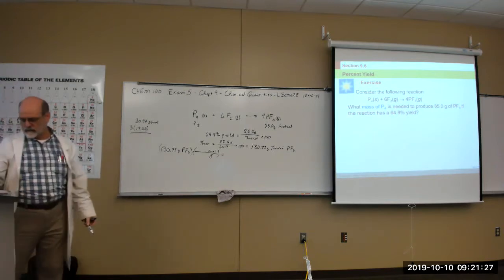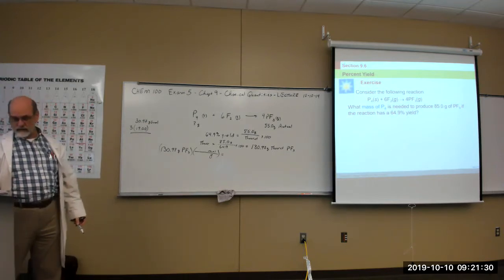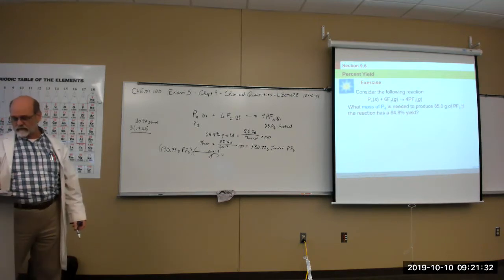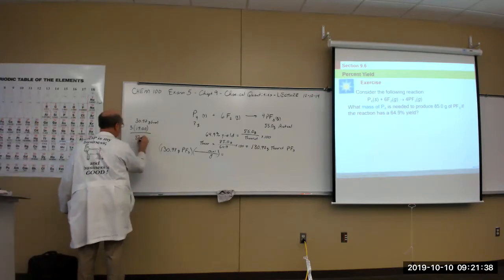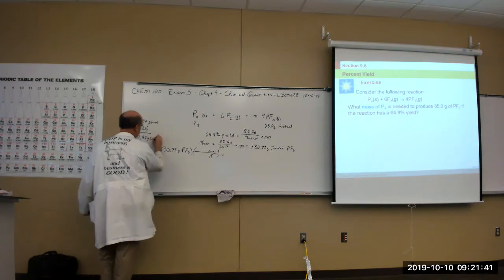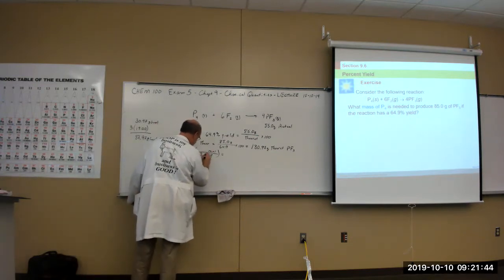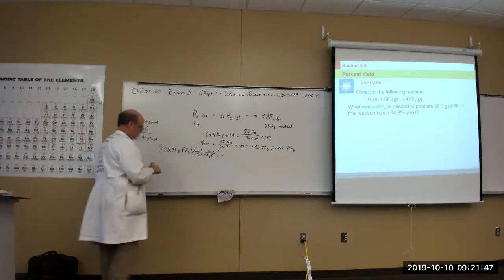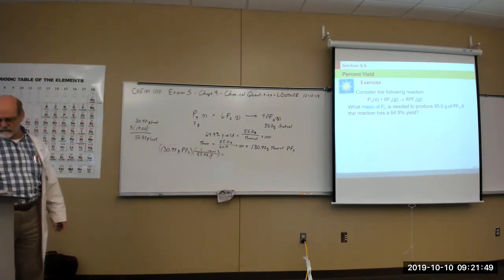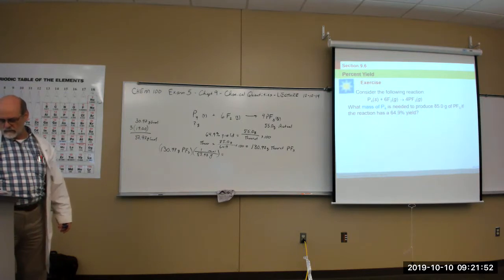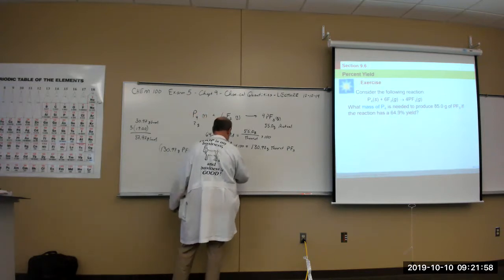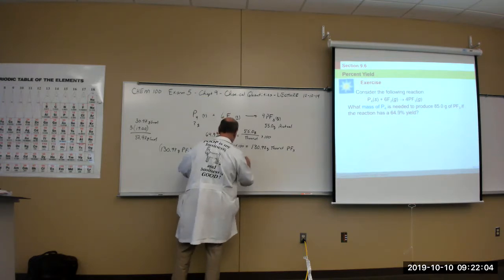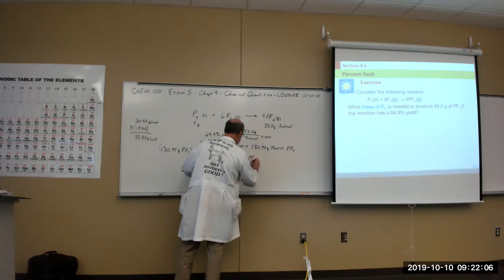So we need 30.97, 87.97 grams per mole. 87.97 there. Divide that into 130.97. Get 1.488. Round it off. And that's moles of PF3.